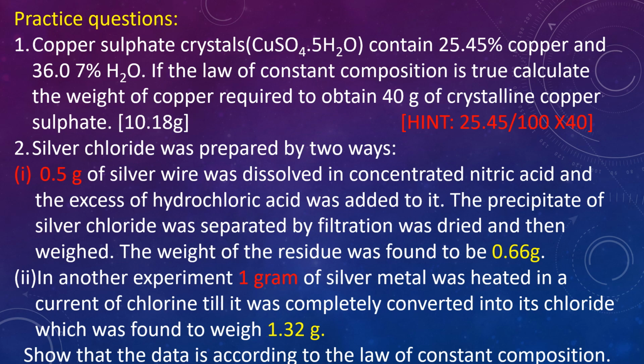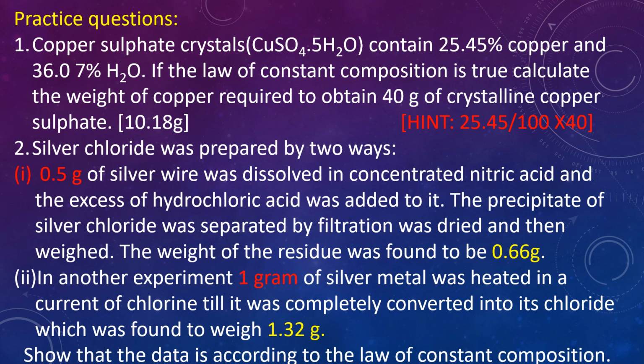Now again, in the first experiment, we have the weight of silver 0.5 and the weight of silver chloride 0.66. So we can find out the weight of chlorine when we subtract 0.50 from 0.66, that is, we get 0.16 gram.